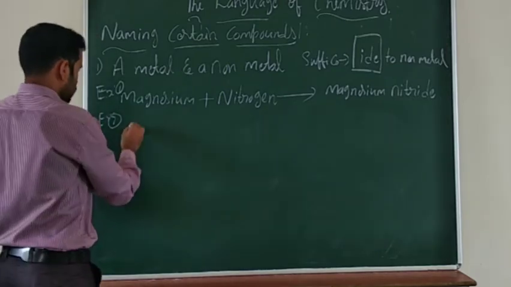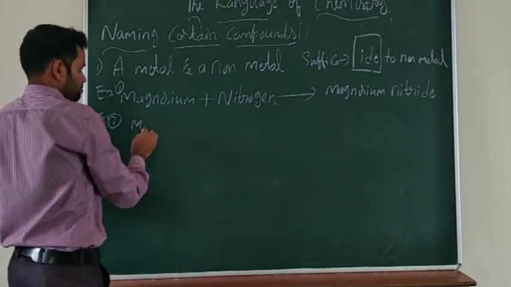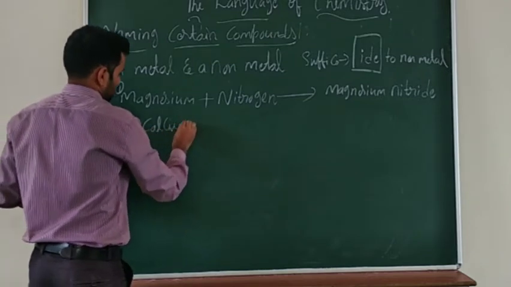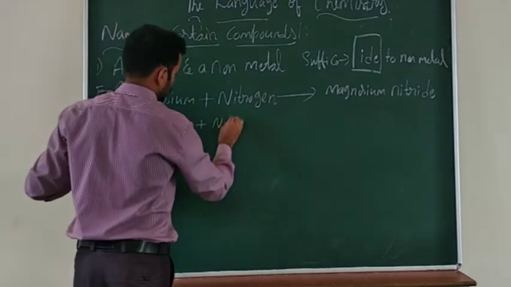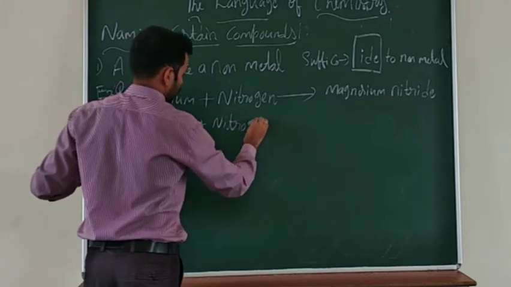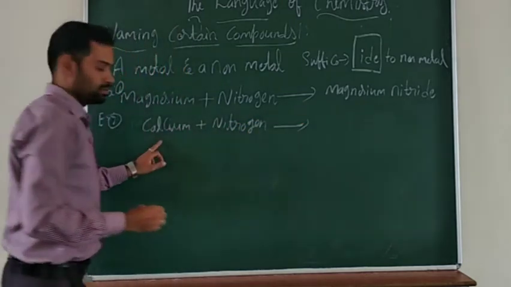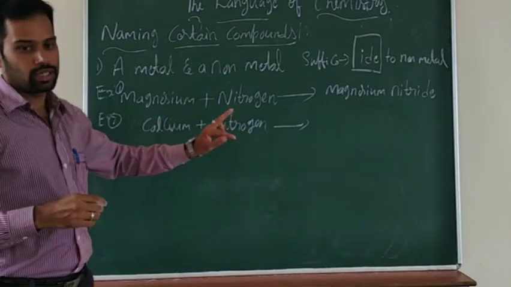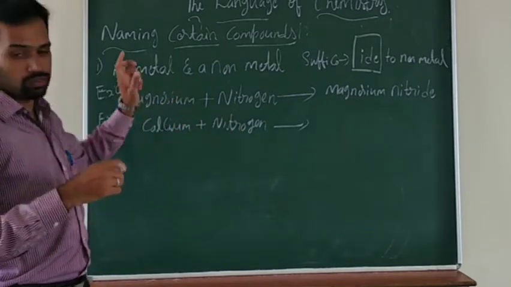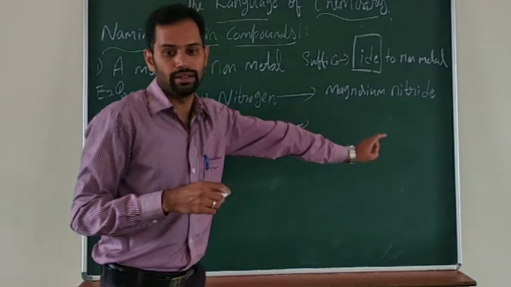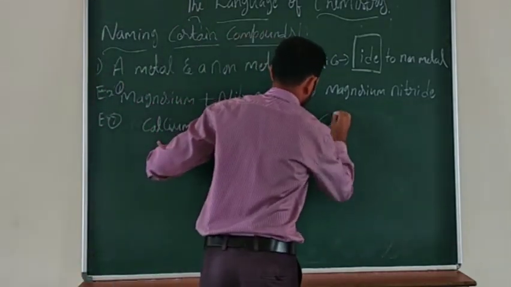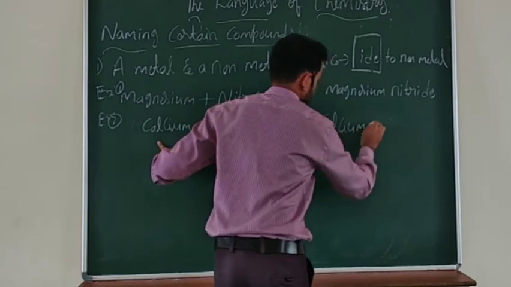Similarly, calcium plus nitrogen. Calcium is a metal, nitrogen is a non-metal. When these two react, what will it form? Calcium nitride.